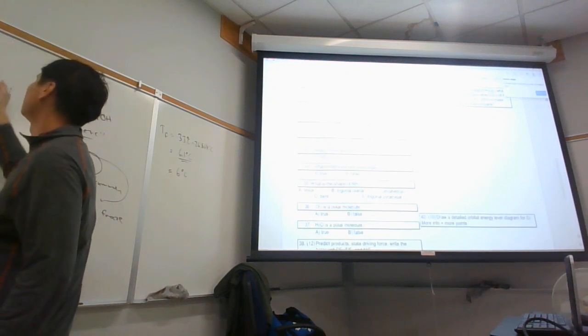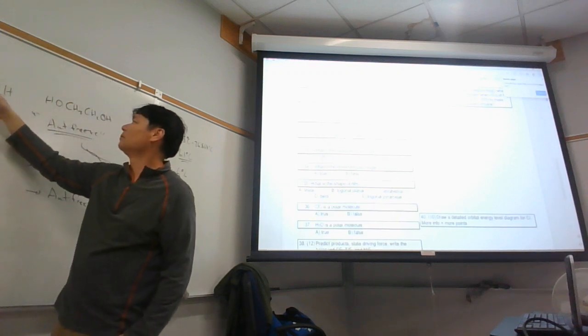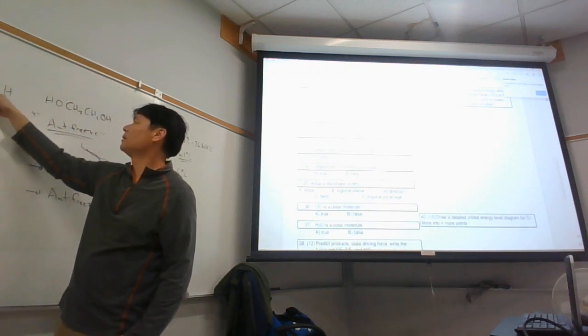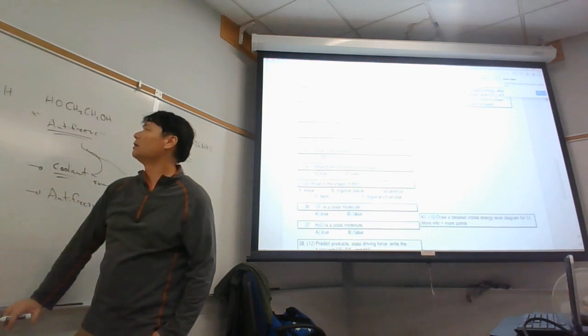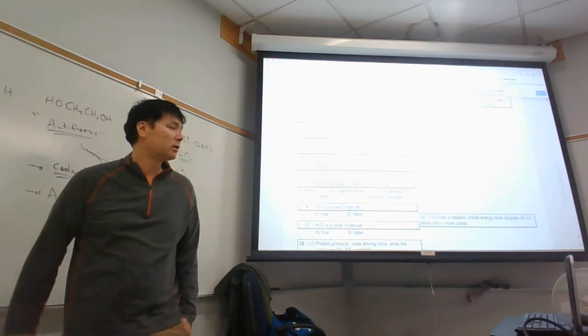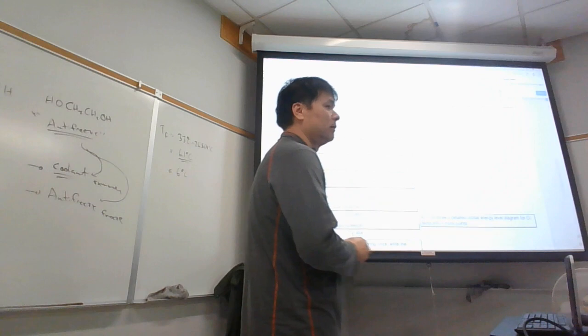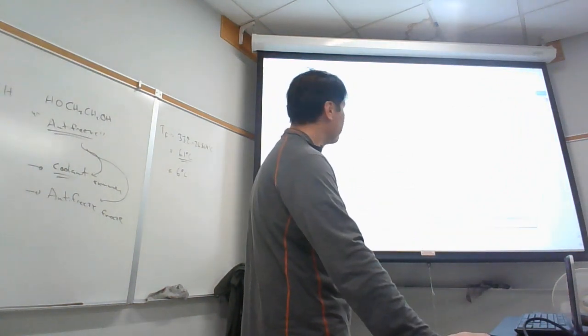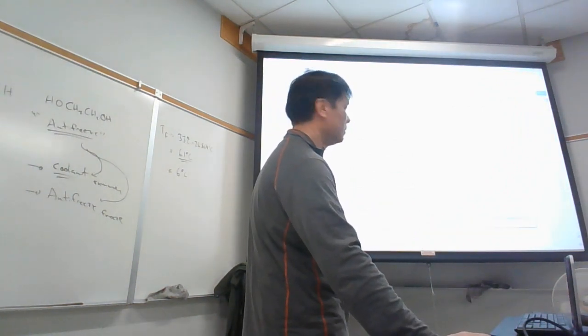So the electron geometry is going to be tetrahedral, but the molecular geometry is just going to be trigonal pyramidal. So that's the answer to 35. Is that enough? Yeah.